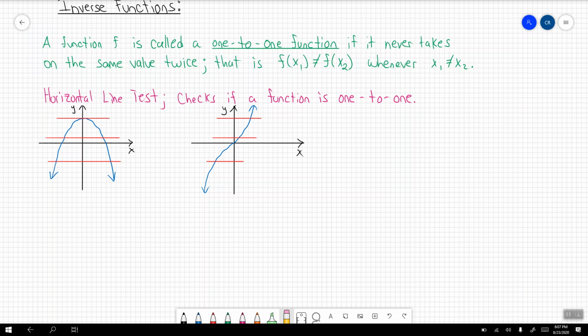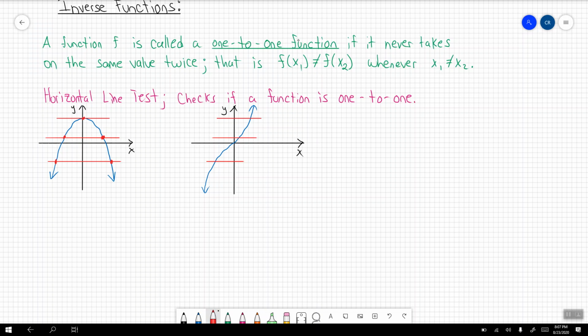Now, I've drawn 3 different lines through these functions. The first 3 lines were through the parabola opening downwards. As you can see, the horizontal lines intersect twice. There's only one spot on that parabola where a horizontal line will intersect once.